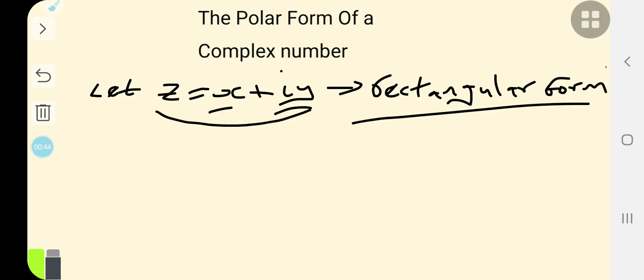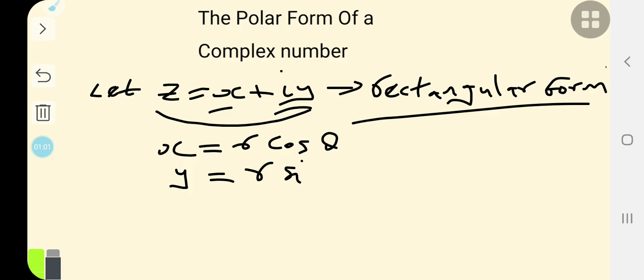We're going to let x be equal to r cos theta, and y will be equal to r sin theta.